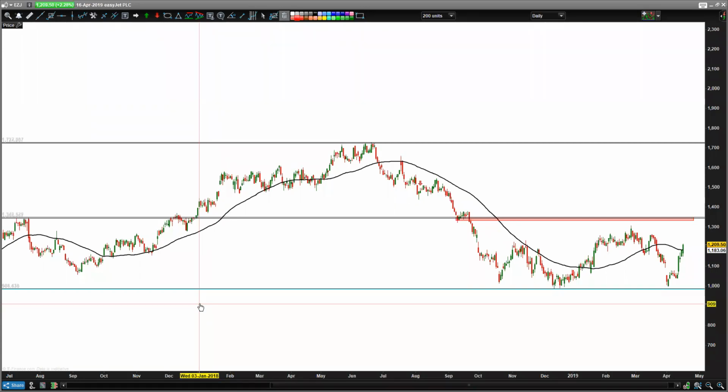You could, for example, spread bet this. You could buy the stock. You could buy this in an exchange traded fund that EasyJet is part of. Or you could buy the futures or options markets, which are obviously quite sophisticated and quite complicated.